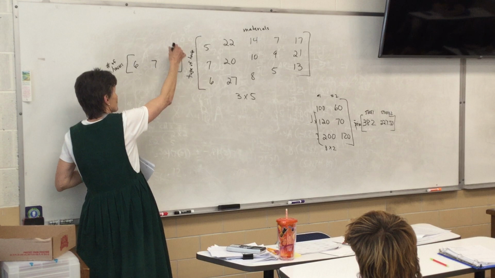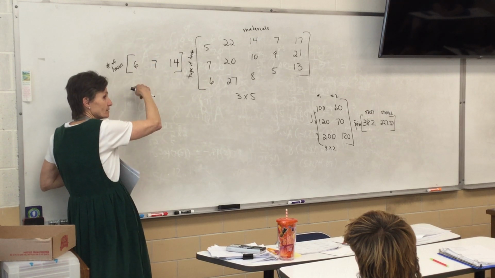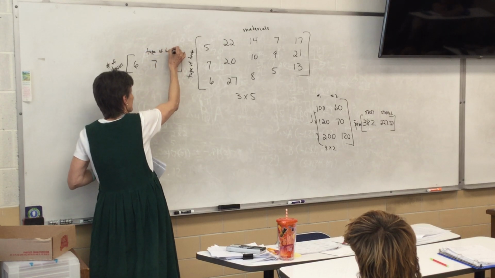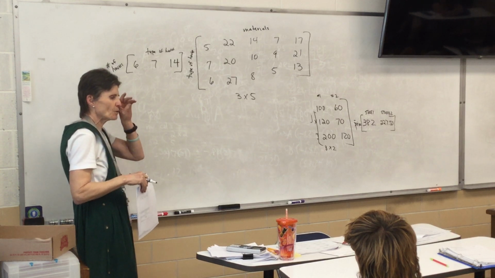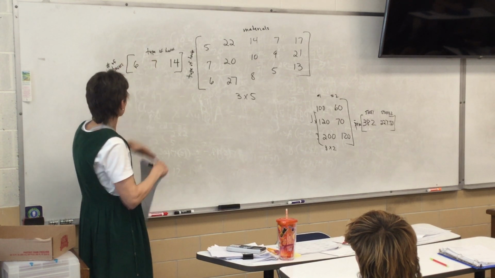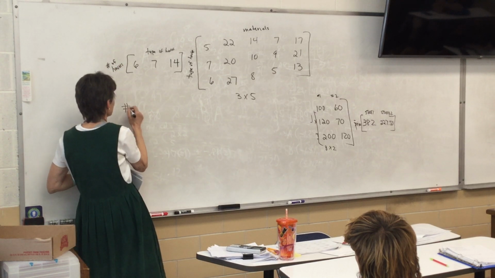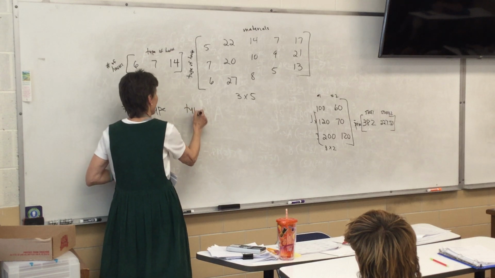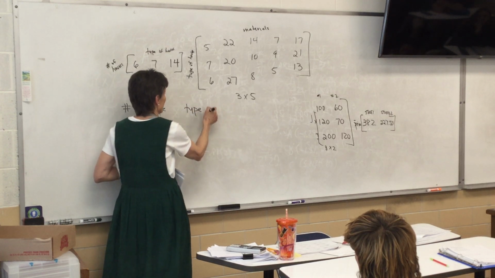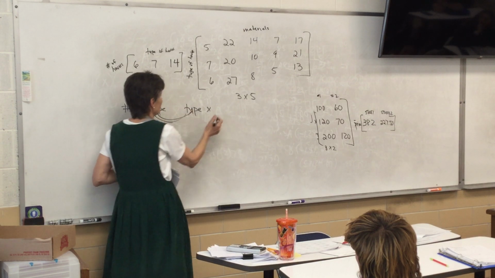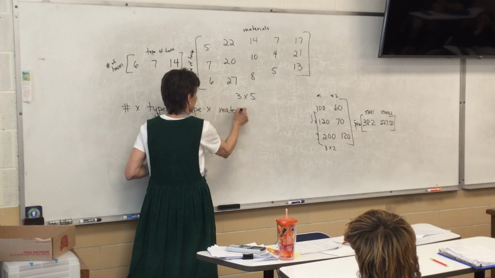And what do these columns represent? What does that 6 represent? Ranch. So this is the type of houses. So when you say, Mrs. Porter, how did you know to build it that way? When I do this multiplication, this is number by type, and I want to multiply it by type. I want these to match when I multiply. So I'm multiplying it by type by materials.